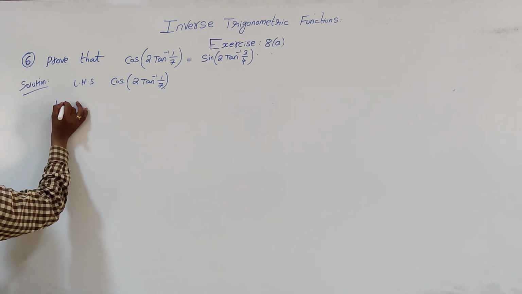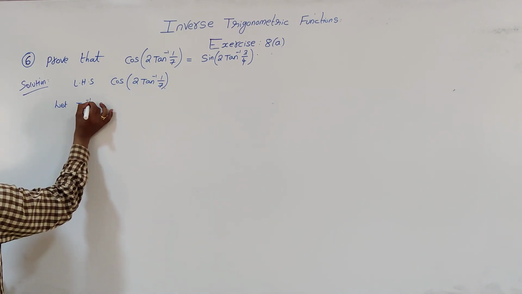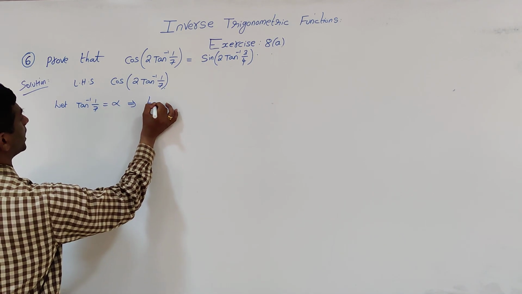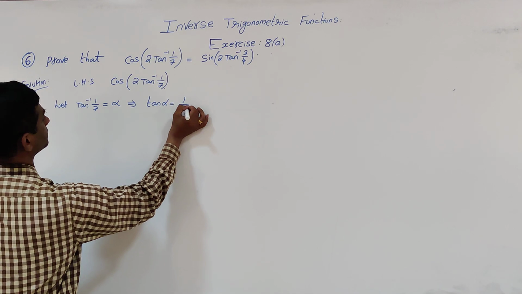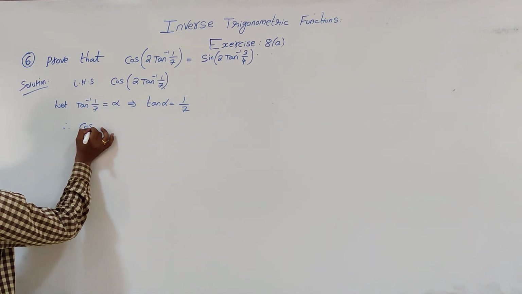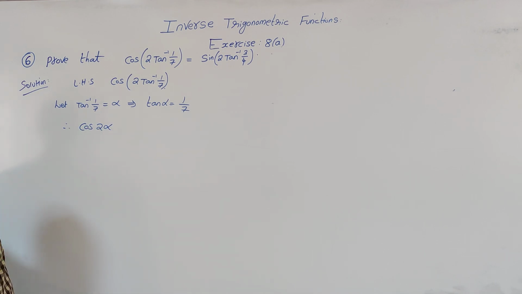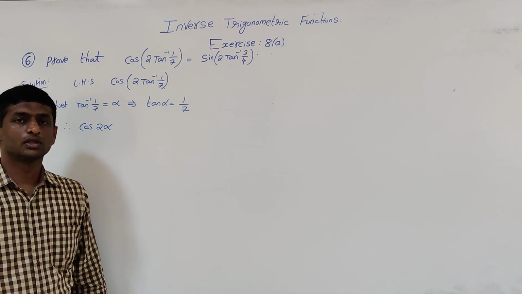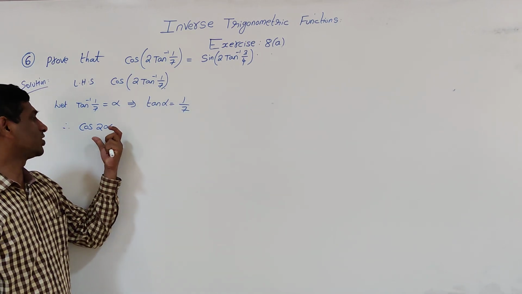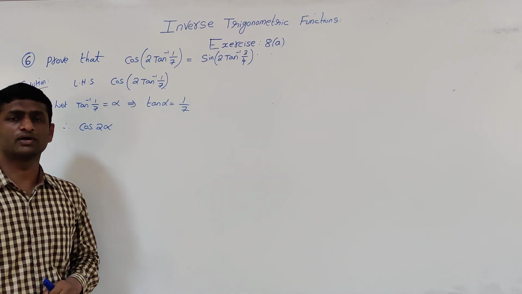So let tan inverse of 1 by 7 be alpha, which implies tan alpha is 1 by 7. So it reduces to cos 2 alpha. We can go for one right angle triangle for alpha, and cos 2 alpha is cos square alpha minus sin square alpha.